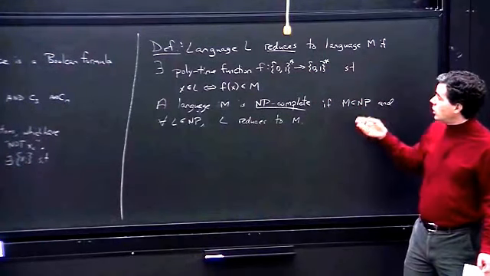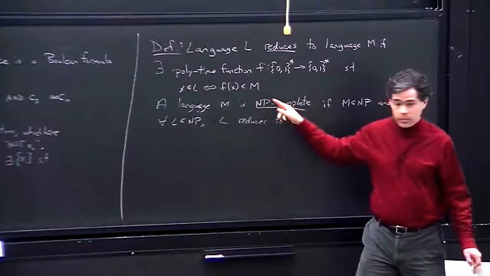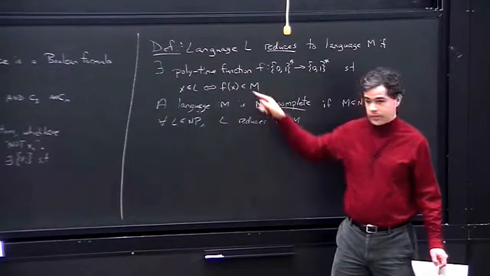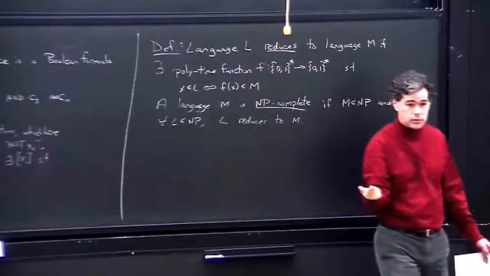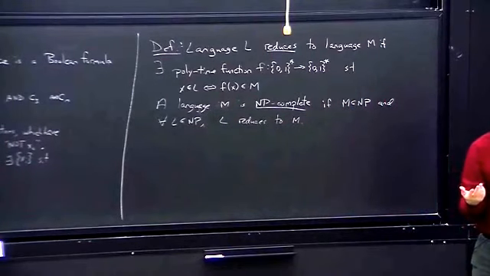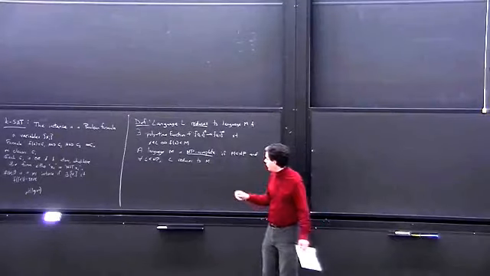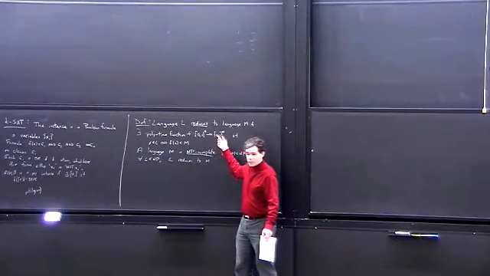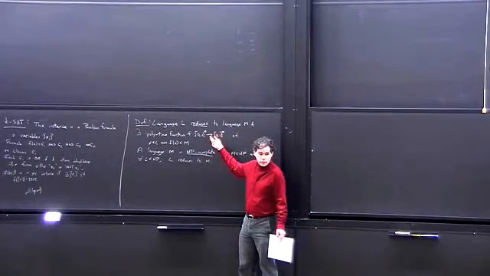And then you know that if f of x is in M, then x was in L. And if f of x is not in M, it's a no instance, then x was a no instance of L. And so you solved L as well. But it doesn't have to go the other way, because as I said, f doesn't have to be invertible, and in particular, it doesn't have to be easy to compute the inverse, even if it is invertible.